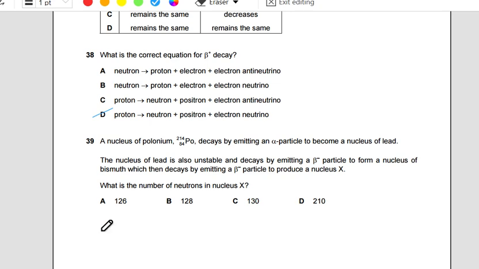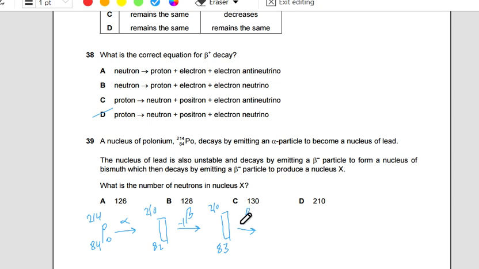So if we start with polonium 84, 214, after the first alpha, it will be some element with 210, 82. After a beta, it will be another element with again 210 and 83.